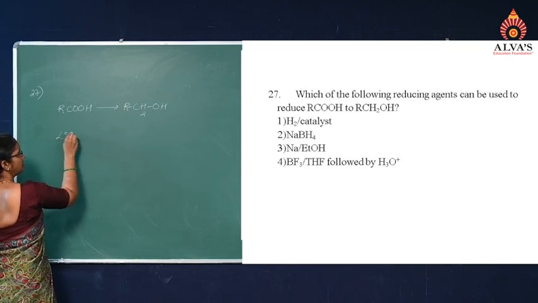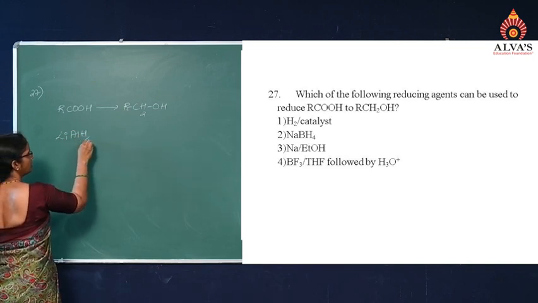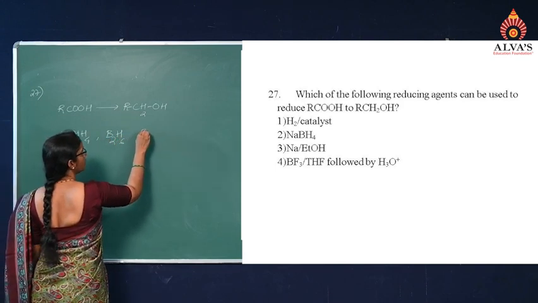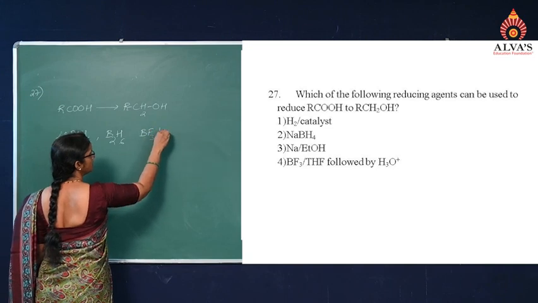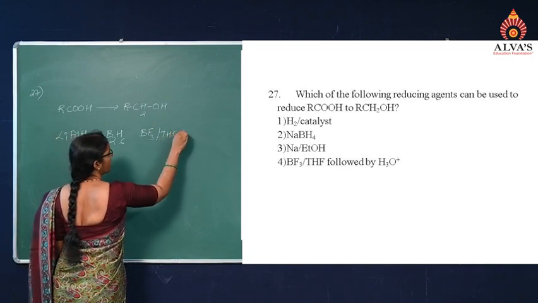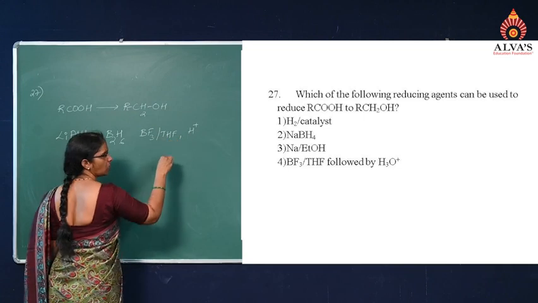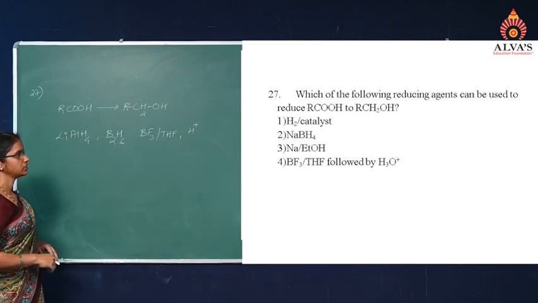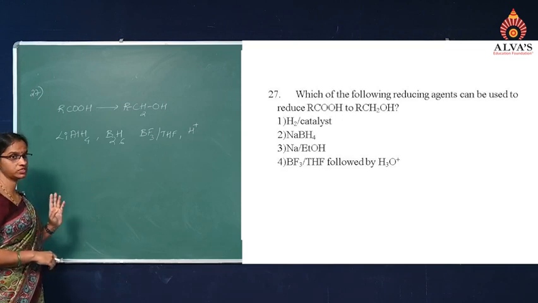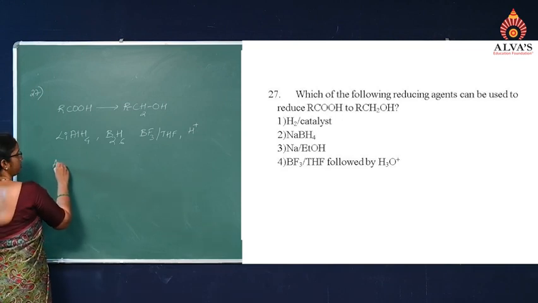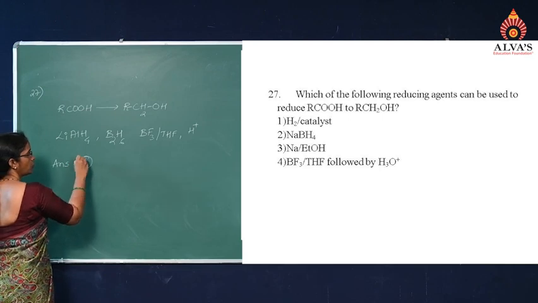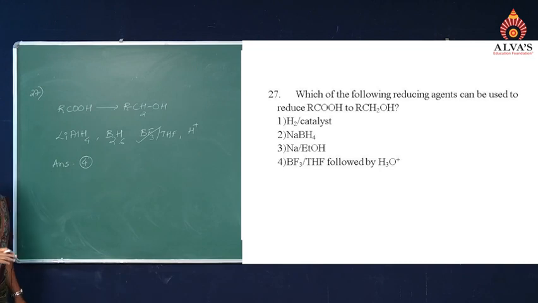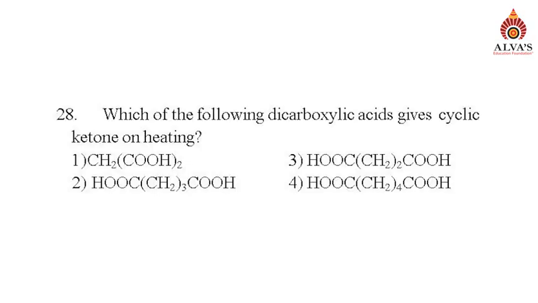One is lithium aluminium hydride, then you can have diborane B2H6, or you can go for boron compounds in THF followed by hydrolysis, will also give you primary alcohols from carboxylic acid. So based on the options given to us, fourth option is the best choice. Next, question number 28.